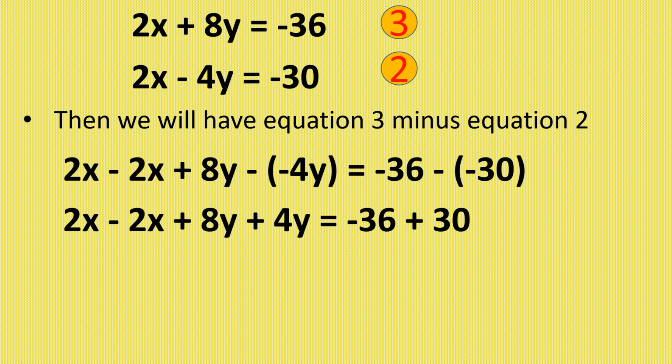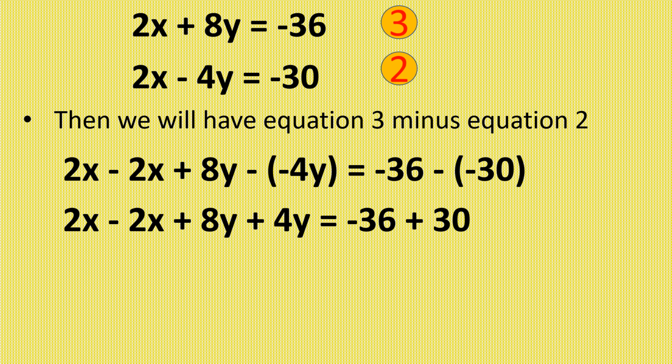Note that there's a negative sign in front of the bracket and also a negative sign inside the bracket, so minus times minus becomes plus. That's why you now have plus 4y is equal to minus 36. Likewise, with a negative sign before the bracket and a negative sign inside, when you open that bracket you have plus 30.